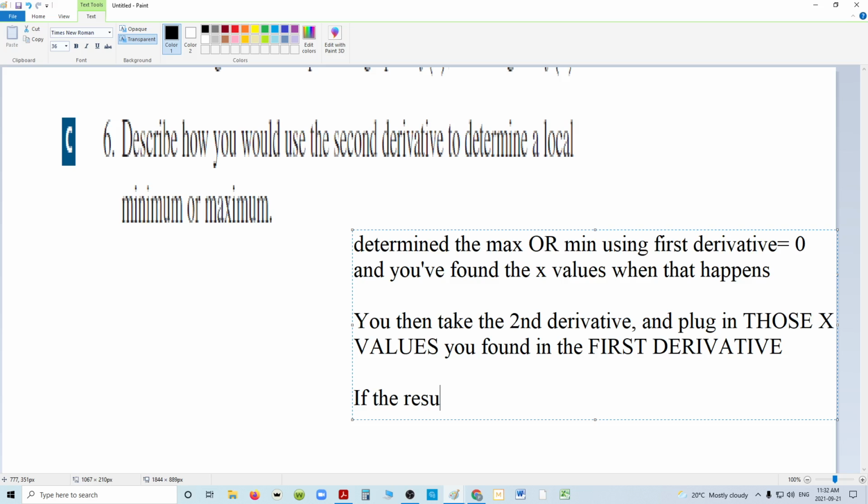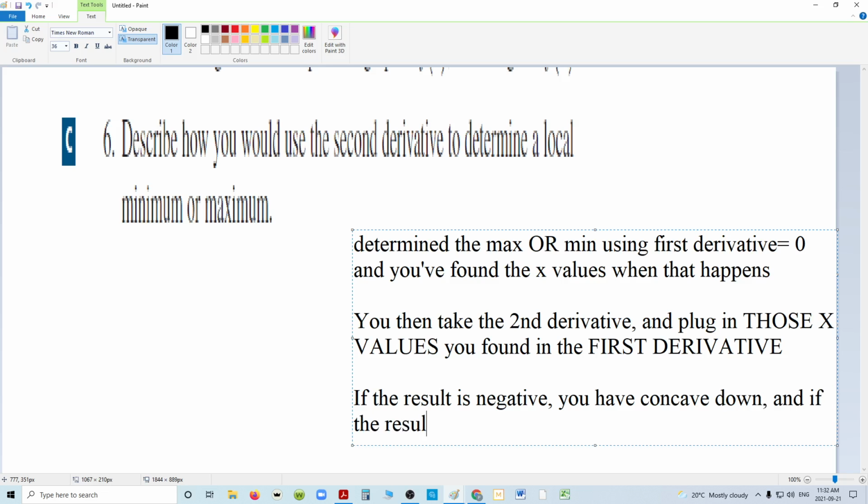If the result is negative, you have concave down, and if the result is positive, you have a max point, a local maximum point.